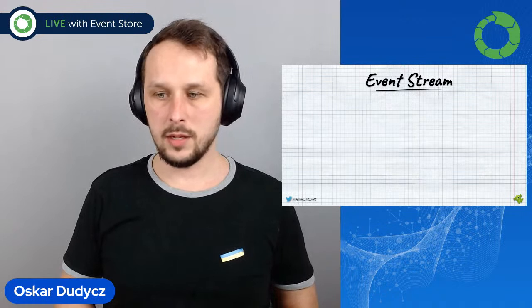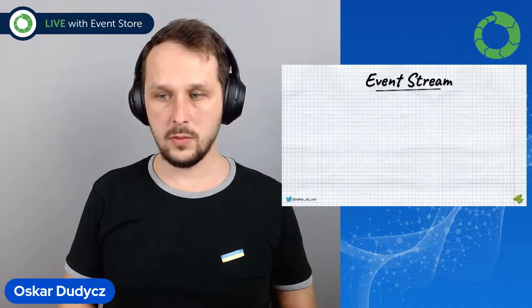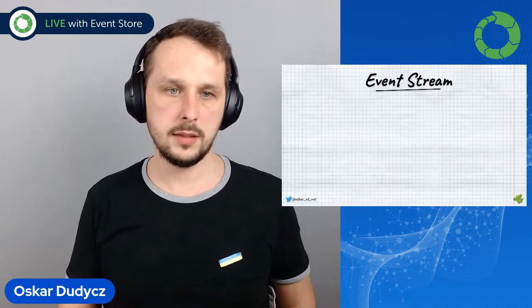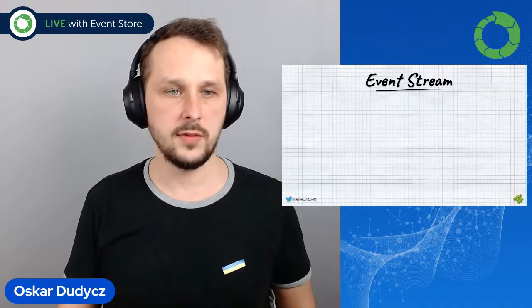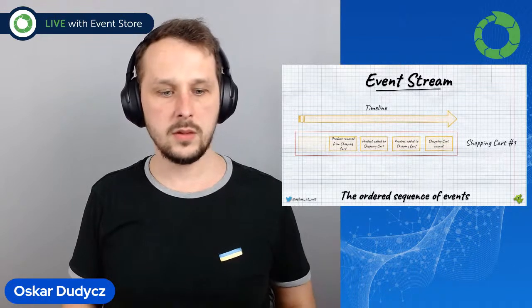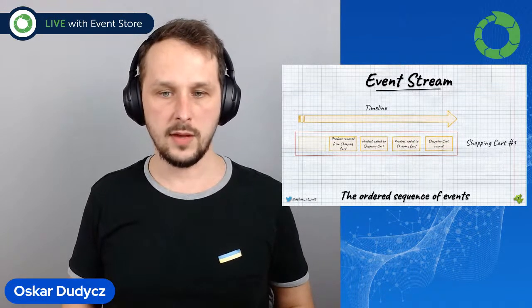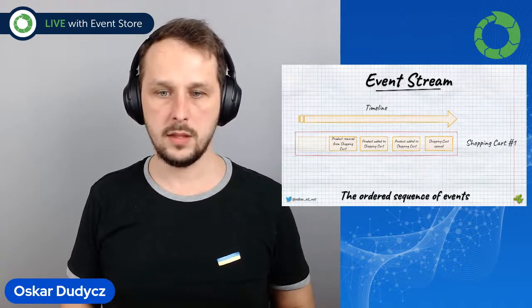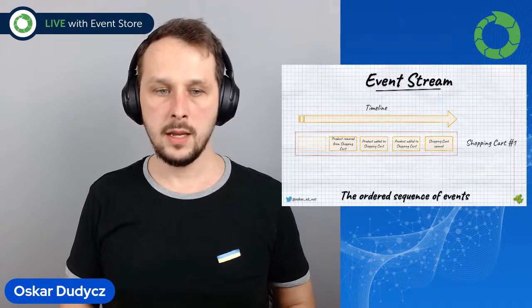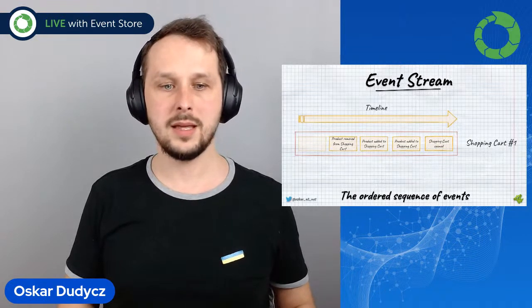Another thing that I would like to explain to you is event stream. That's another important term in event sourcing and in general event-driven architectures. So an event stream is an ordered sequence of events. If we have a look at the example stream that you see on the screen, a shopping cart, then the event stream is a history.